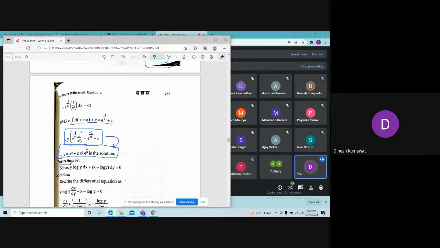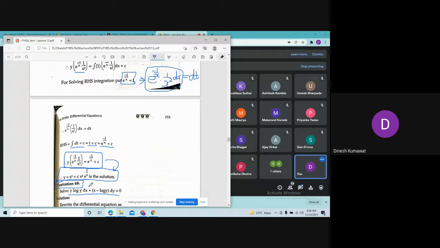Okay, so illustration 69. Let us see one more illustration based on the same. Now observe this. You need to adjust this differential equation in the form either dy by dx or dx by dy, so that you are getting this equation in the linear form.